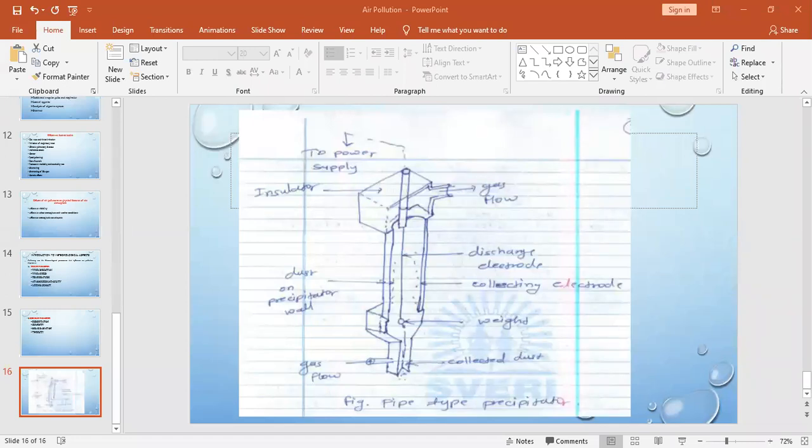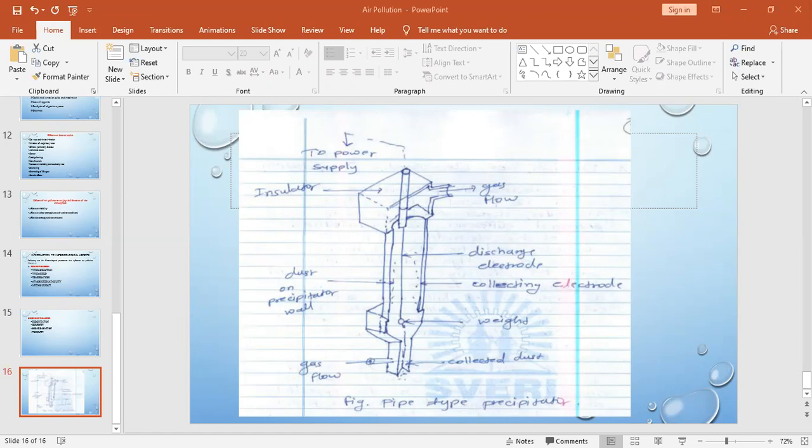So these dust particles are getting charged because the discharge electrode is a positively charged electrode, and because they are getting charged positively, they start migrating towards the oppositely charged electrode, and that is nothing but the collecting electrode. Once the particles are deposited on the collecting electrode, they lose their charge.